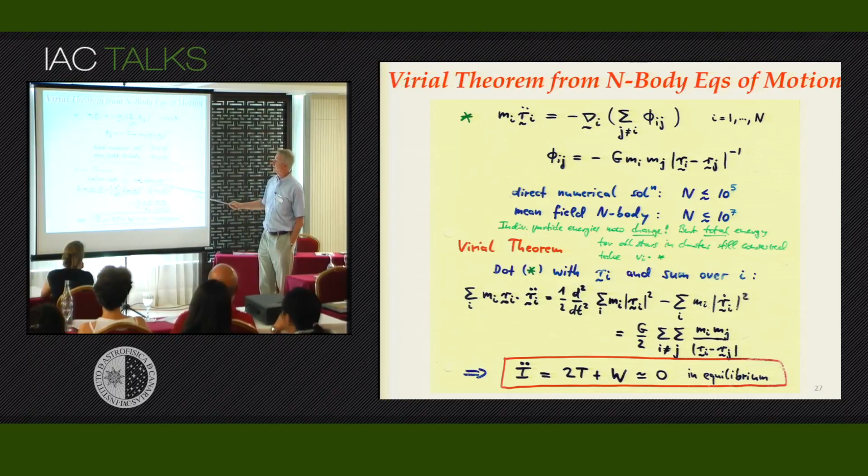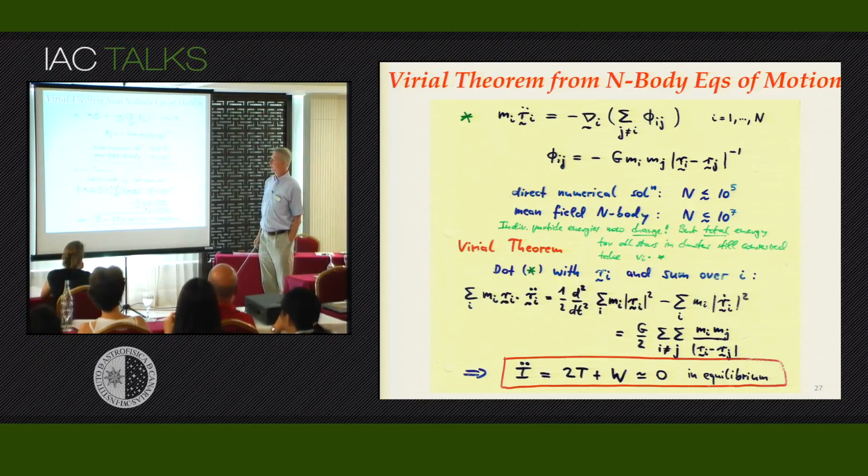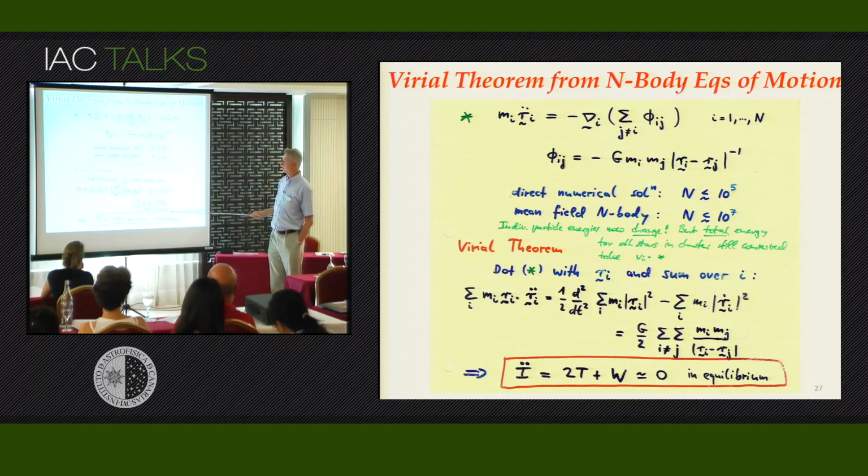So what you do is you take the dot product of this equation with r, and then you sum over all the particles. And then after a little rearrangement, you will find this can be written as the second time derivative of this thing here called the moment of inertia, minus this term, which is twice the kinetic energy, and that will then equal this on the right, which is the total potential energy of the system.